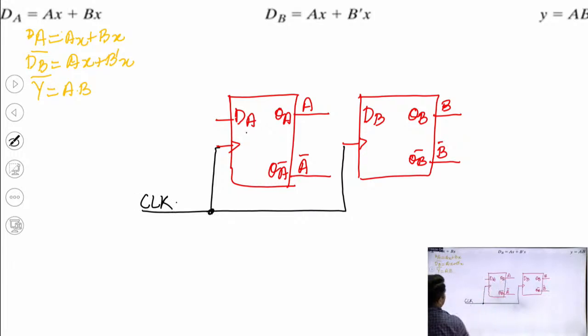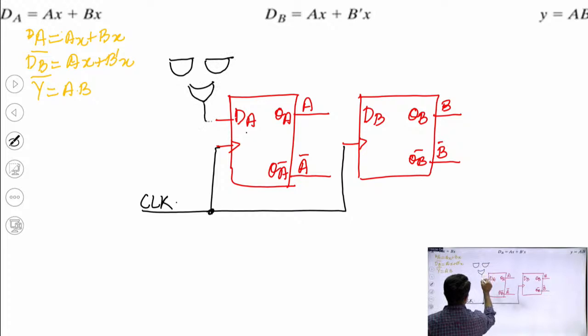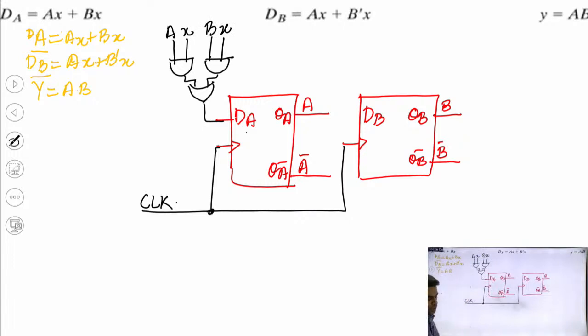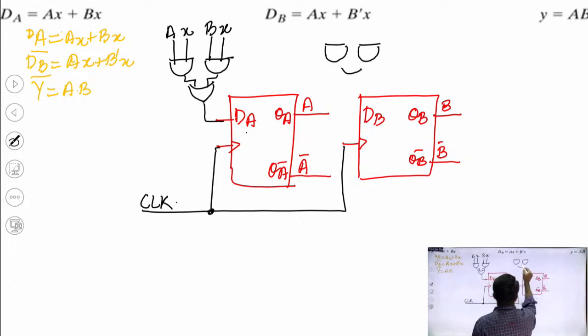DA is equal to Ax plus Bx, that means Ax and Bx. DA is equal to Ax plus Bx. Similarly, DB is equal to Ax plus B bar x.